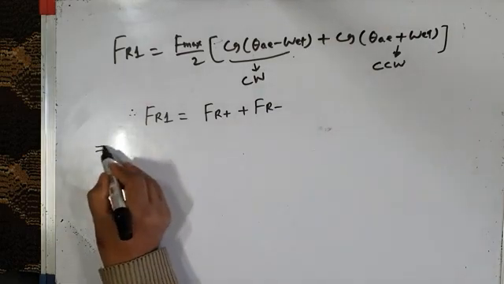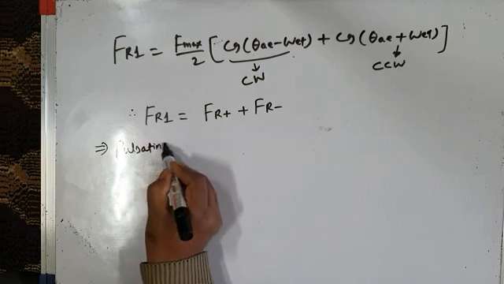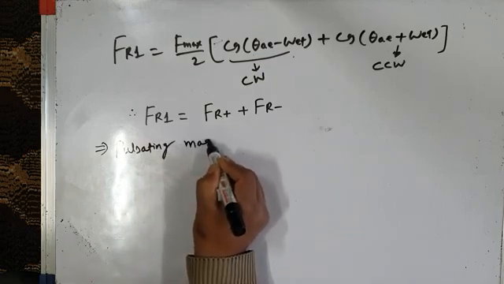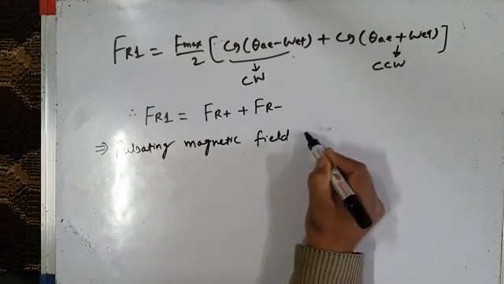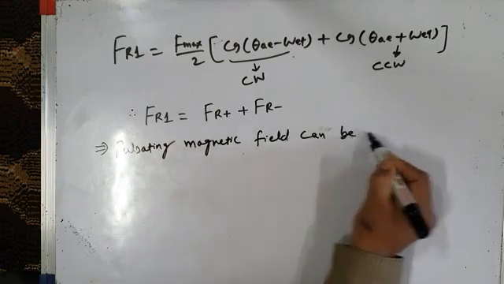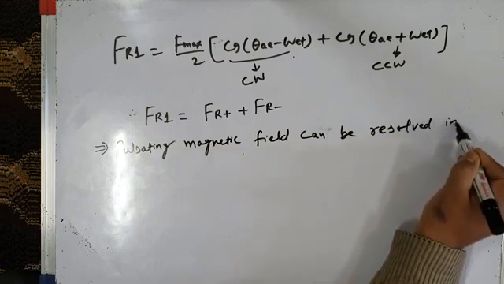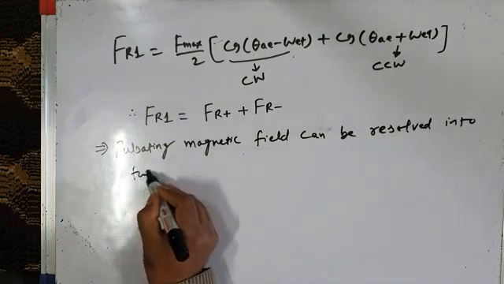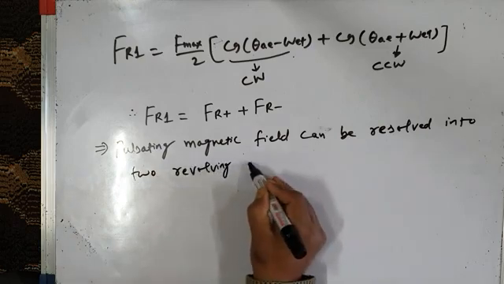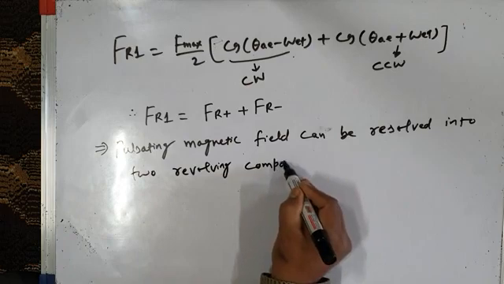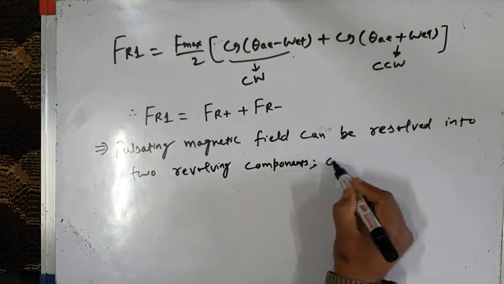So this means a pulsating magnetic field can be resolved into two revolving components. Okay, what are those revolving components?